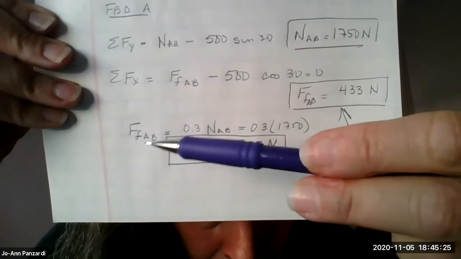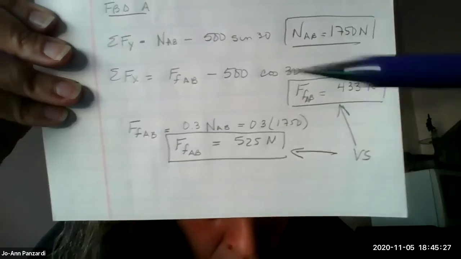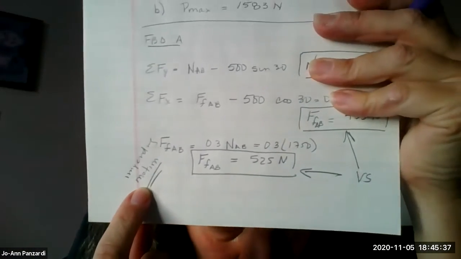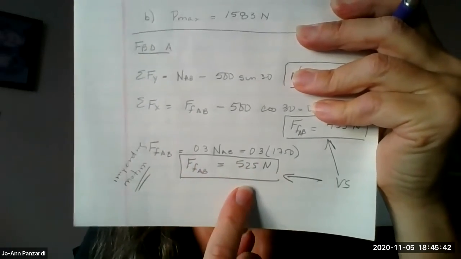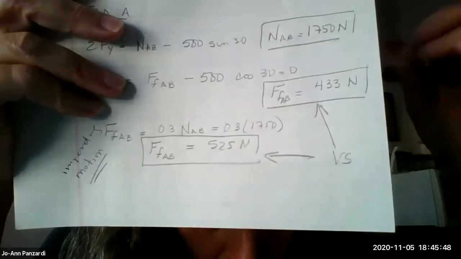And then I went ahead and used the friction equation, which I know could only be in impending motion. I wrote down, if there was impending motion, the frictional force would be mu N, and I get a value of 525. So Maria, you want to tell me what that means?